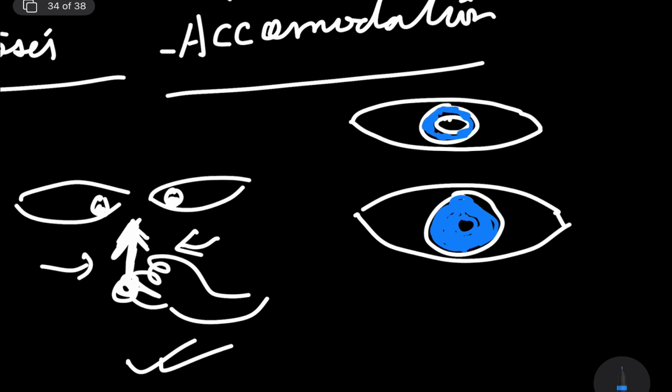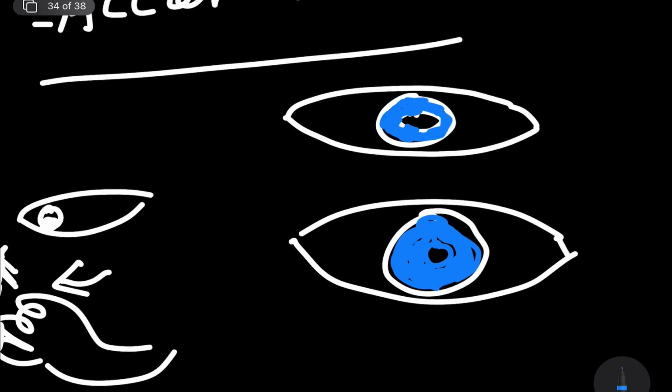Suppose I'm drawing very roughly here. These are not at all good images, but I hope I can carry across the point that I'm trying to put forward here. So suppose this over here, the pupil is pretty big. The pupil is the black middle part within the iris. The iris is the blue part over here. So suppose in the first image, the pupil size is pretty big. That is when you're looking at a far away object.